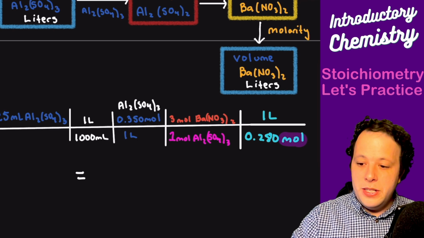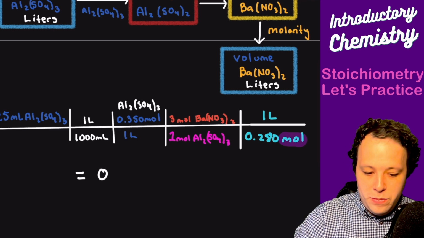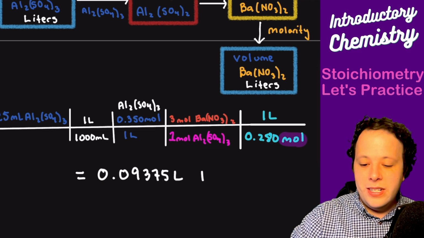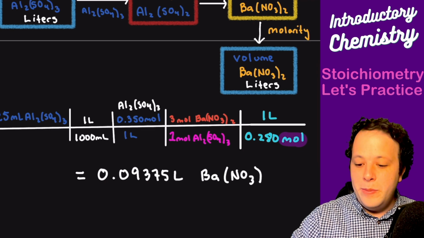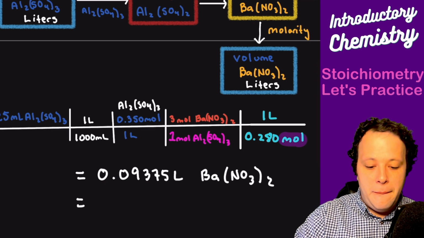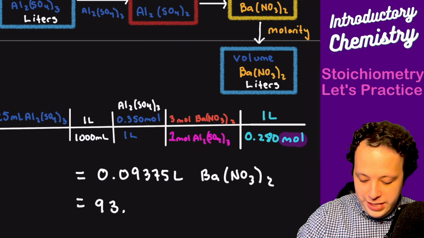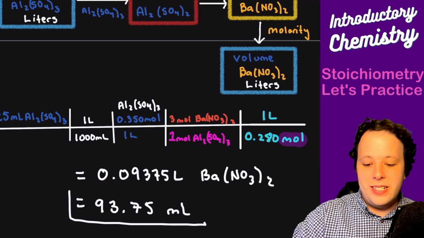Once that happens, what you should get as an answer is about 0.09375 liters of barium nitrate. And being that the problem asks for this to be in milliliters, we'll times this number by 1,000, and we'll get about 93.75 milliliters as our final answer.